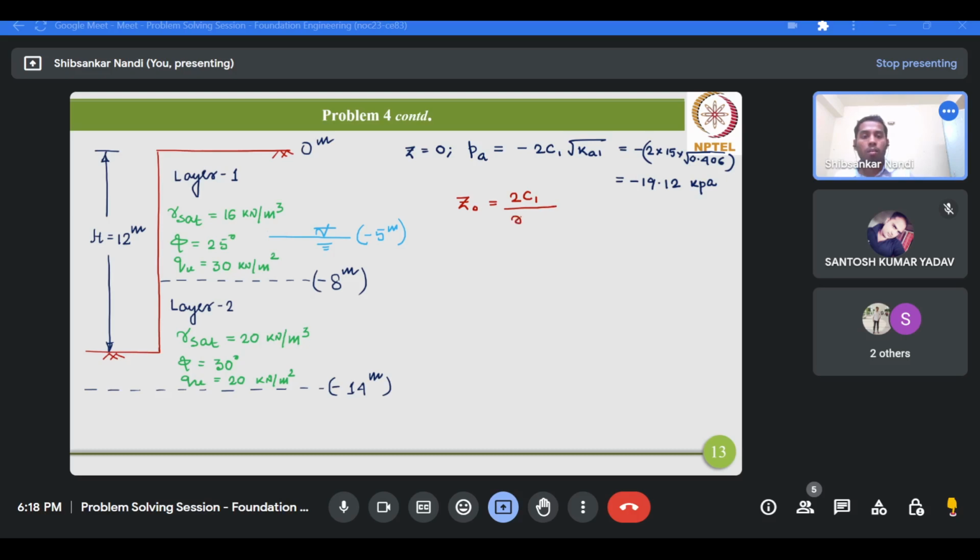Z0 equals 2C1 by gamma 1 root Ka, that is 2 multiplied by 15, the gamma value is 16, multiplied by root under 0.406.